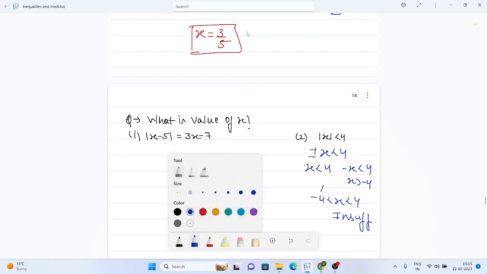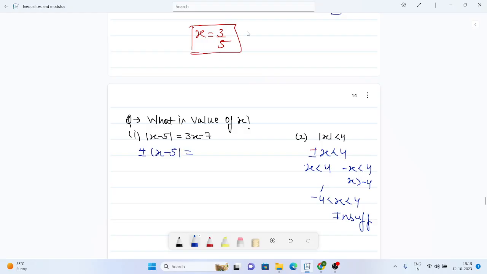So in this, what you have to do, you replace like this. So from here you get x minus 5 equal to 3x minus 7, or either minus of x minus 5 equal to 3x minus 7.